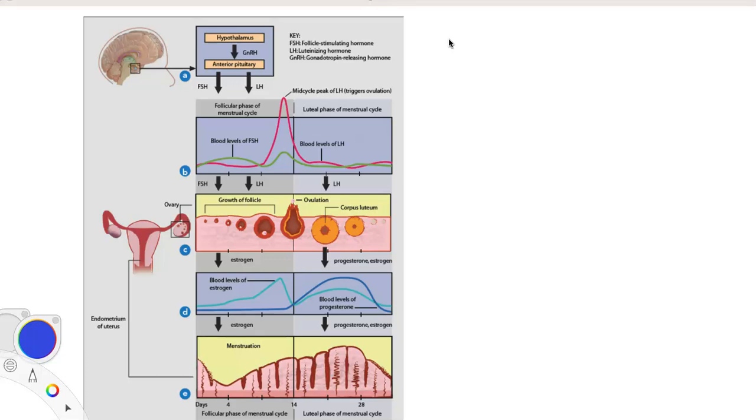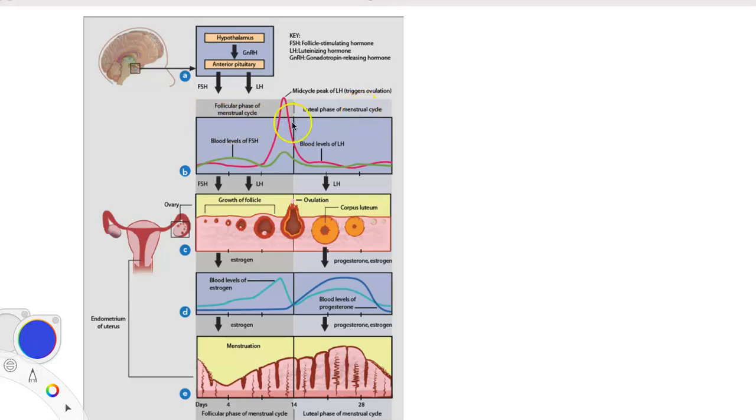Every time we go through this cycle, females start to grow about 20 primordial follicles or primary oocytes into mature follicles, and usually only one ends up mature.